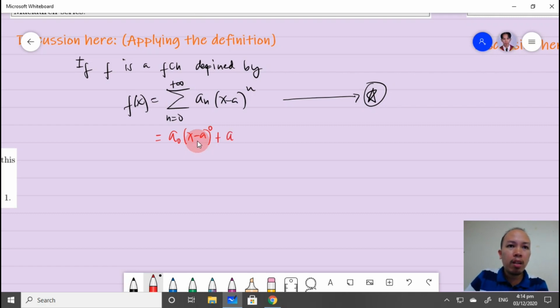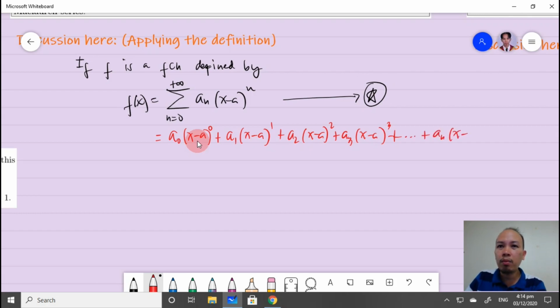Let's expand further: a sub 1 (x minus a) to the 1 plus a sub 2 (x minus a) to the 2 plus a sub 3 (x minus a) to the 3, and so on up to a sub n times (x minus a) to the power of n plus dot dot dot. So this is the expansion of this series.